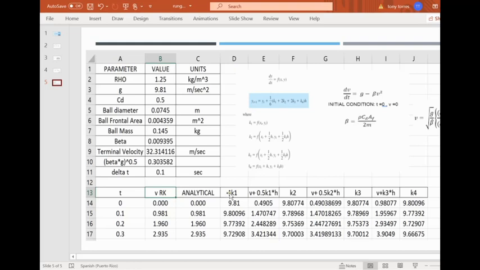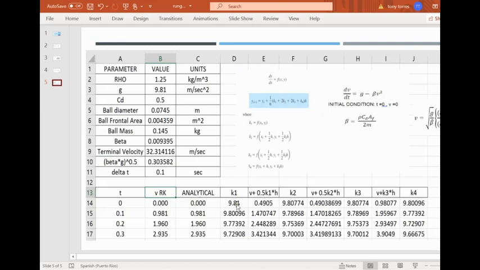So the slopes are here, K1, K2, K3, and K4. How about the arguments that are inside? Remember, for K1, I only need the initial velocity, which is 0. So that's what you see here, the 9.81, because you put v equals 0, so the first slope is basically g, and g is 9.81.